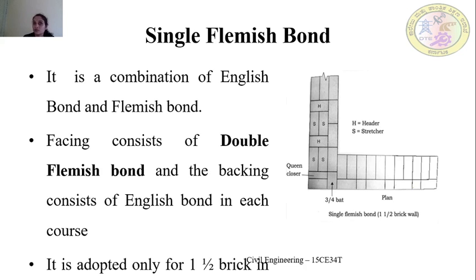When you see from the backing, the English bond pattern can be seen. So on the whole, single Flemish bond is a combination of double Flemish bond and English bond. And usually single Flemish bond is adopted only for the 1.5 brick thick.